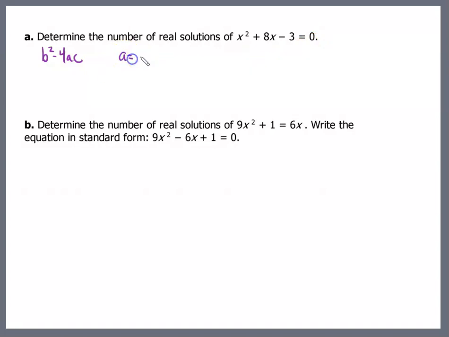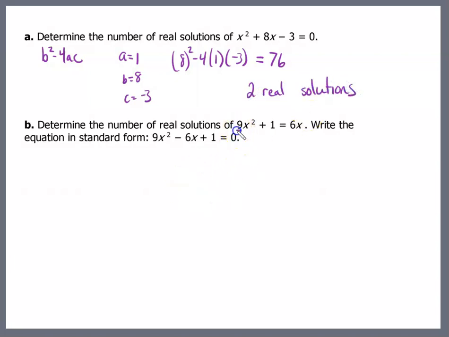The a is 1, the b is 8, and the c is negative 3. So we have b squared minus 4ac. Now if you type that in your calculator, just as it's shown there, you get 76, which is a positive number. When the discriminant is a positive number, it means it has two real solutions.